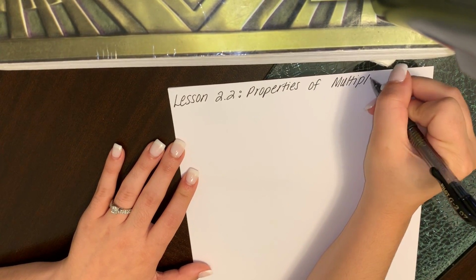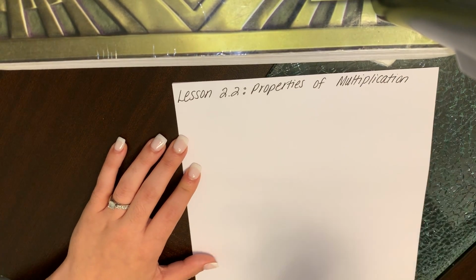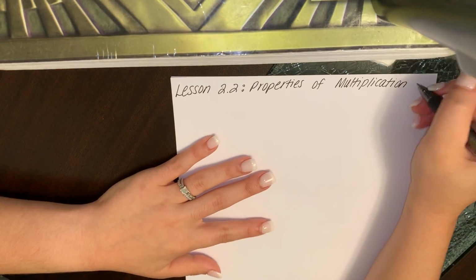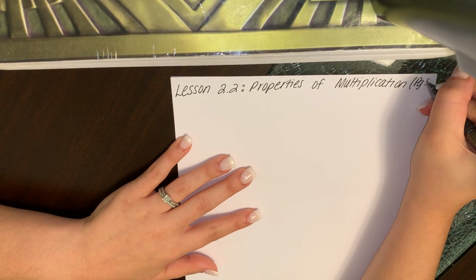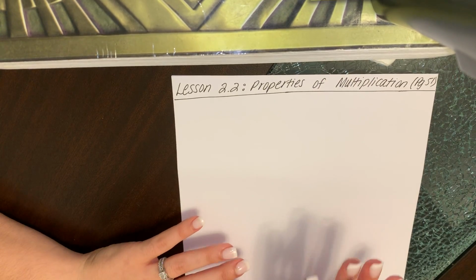Now there's really only one new property that you're going to read about here that we didn't really get to talk about for 2.1. But 2.2 starts off on page 51, okay? So let's start it off.